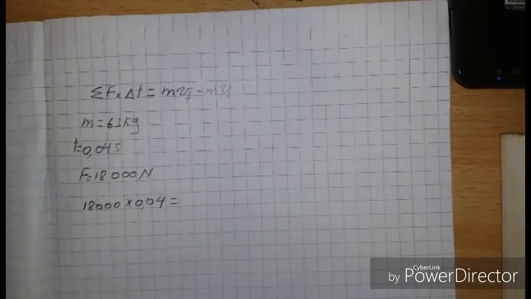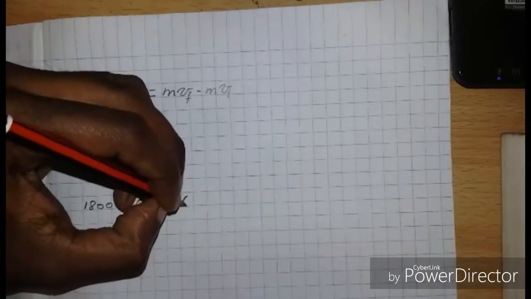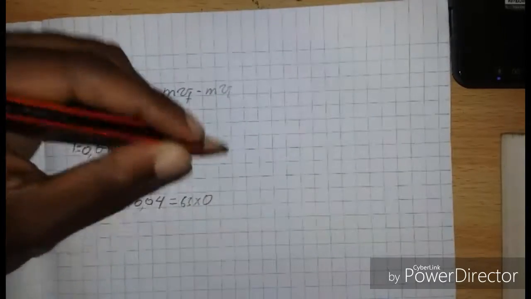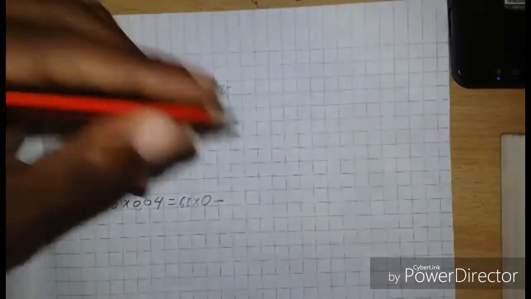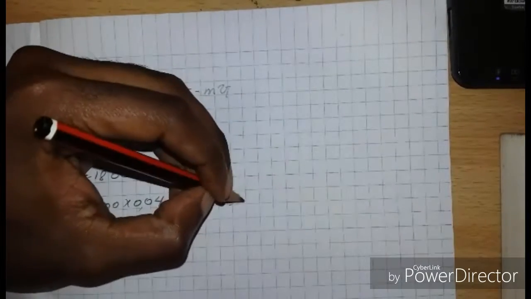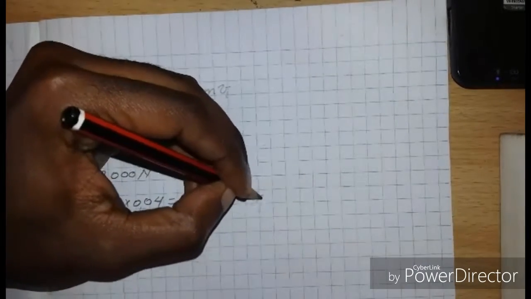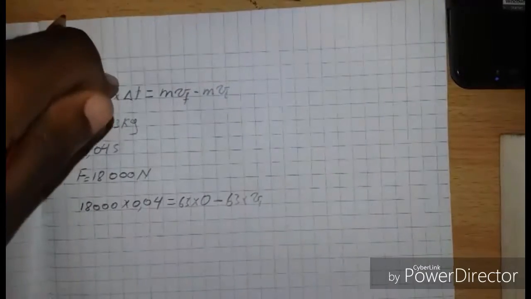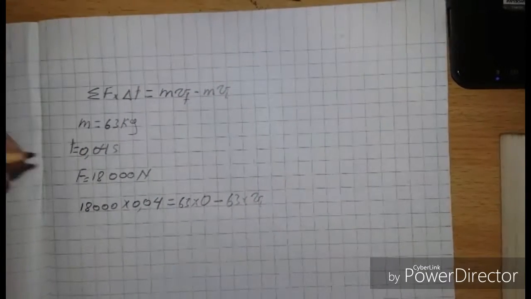So here we're gonna have 63 times 0 minus 63 times the initial velocity when the student hits the ground.